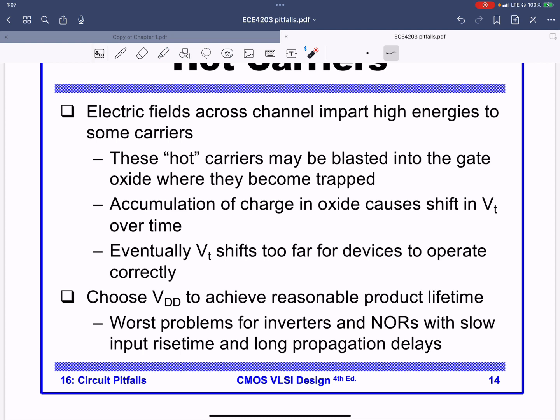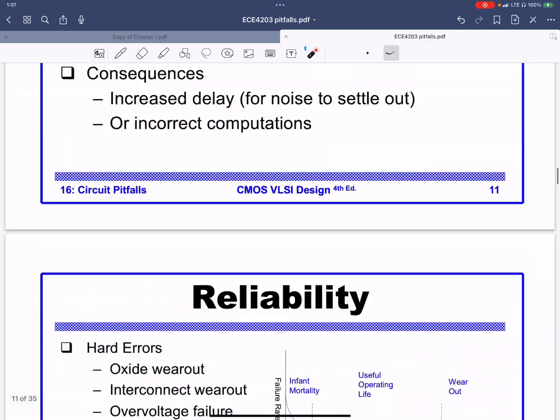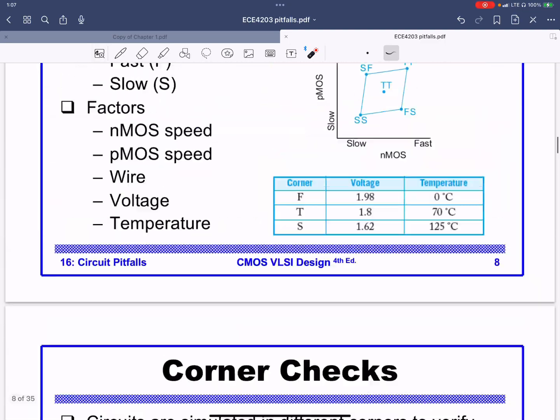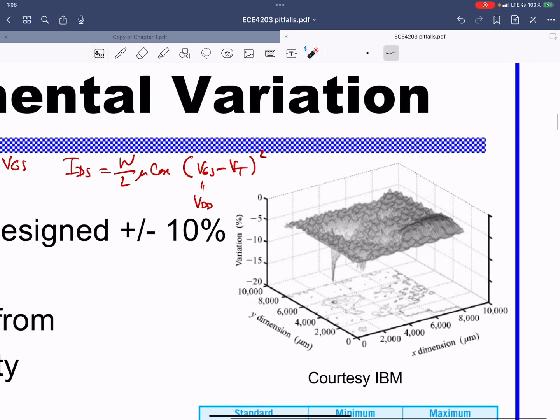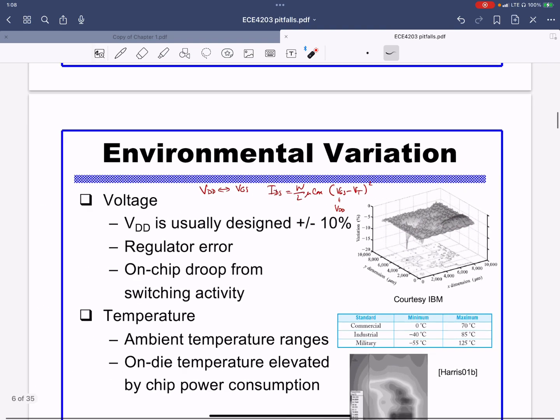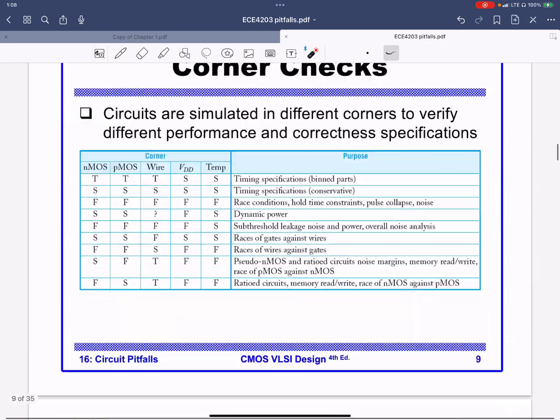The manufacturer has done the tests and tried to make sure that all the devices get a reasonable lifetime over that range. But going back to, for example, the really nice plot we had of the variations in supply voltage across the chip, you can see that some circuits might get a higher or lower voltage than the nominal or expected.